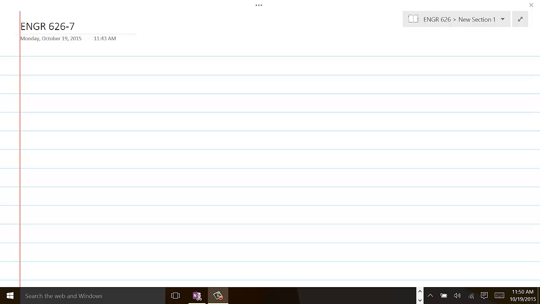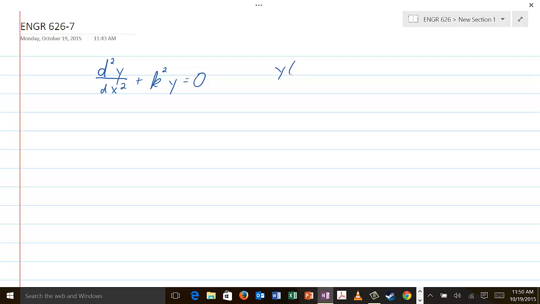Now, let me begin with some review. One equation that we have looked at in our previous work is the following. We have d squared y, or v, it doesn't matter, dx squared plus k squared y is equal to 0 with the boundary conditions y of 0 is equal to A and dy dx of L is equal to B. And remember that we've referred to that first boundary condition, y of 0 equals A, as a Dirichlet boundary condition when we set a boundary condition on the value of the function itself.